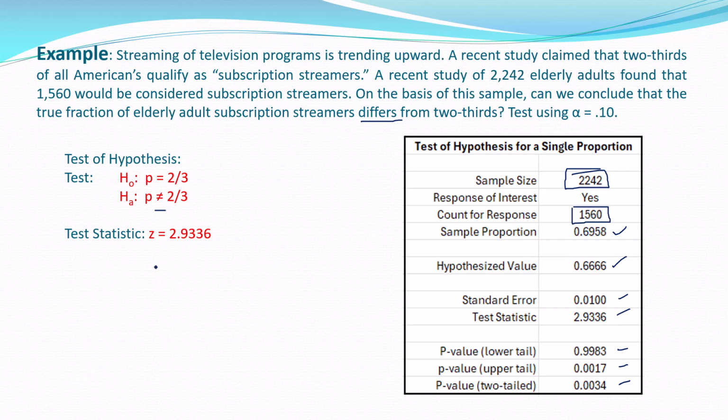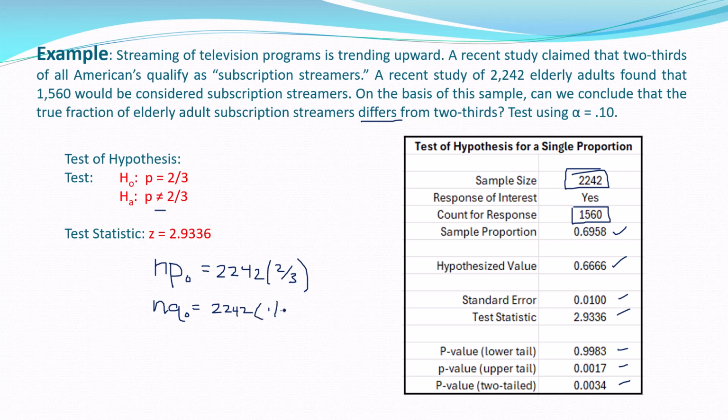Now, is this a large sample? To determine if this is a large sample, we have to take n times p naught, which is going to be 2242 times 2/3, and we have to take n times q naught, which is 2242 times 1/3, and see what those products are.